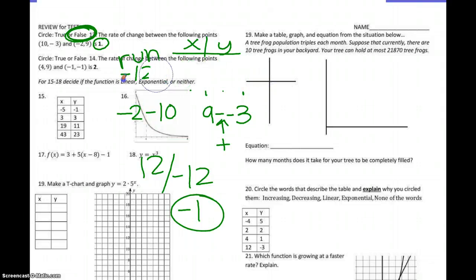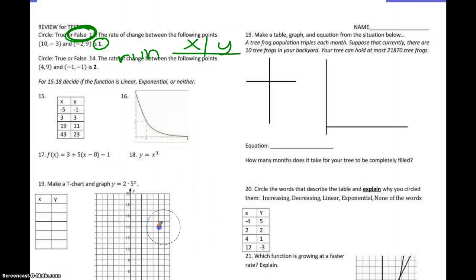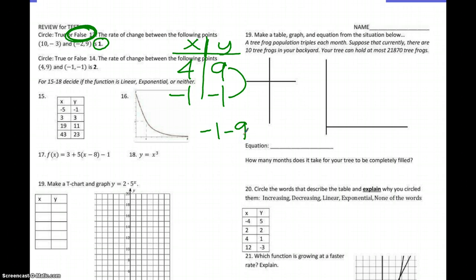The next one, I would do the same thing. I would set up a table and find the slope and see if it matches up with the answer given. So on this one, we've got (4, 9) and (-1, -1). Bottom minus top, -1, take away 9. That's more negative, so it's -10. -1, take away 4 more negatives, so it's -5.